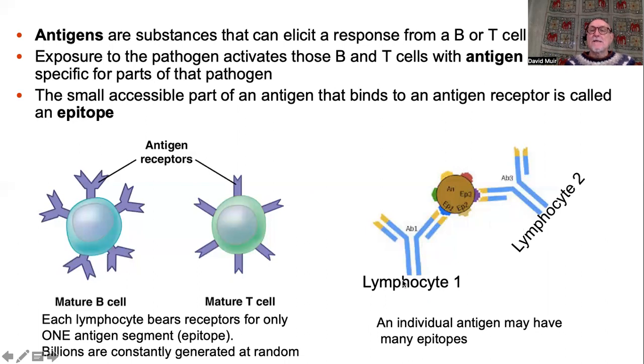Why? Because they were produced by two different lymphocytes. This antibody from lymphocyte 1, this antibody from lymphocyte 2. And what they are is no more than a soluble form of this receptor. So this is key to the functioning of the adaptive immune system.